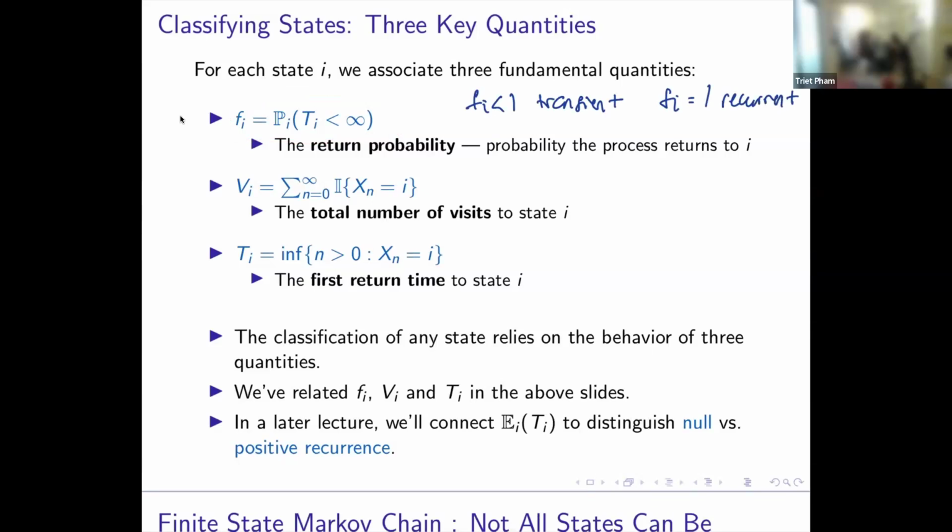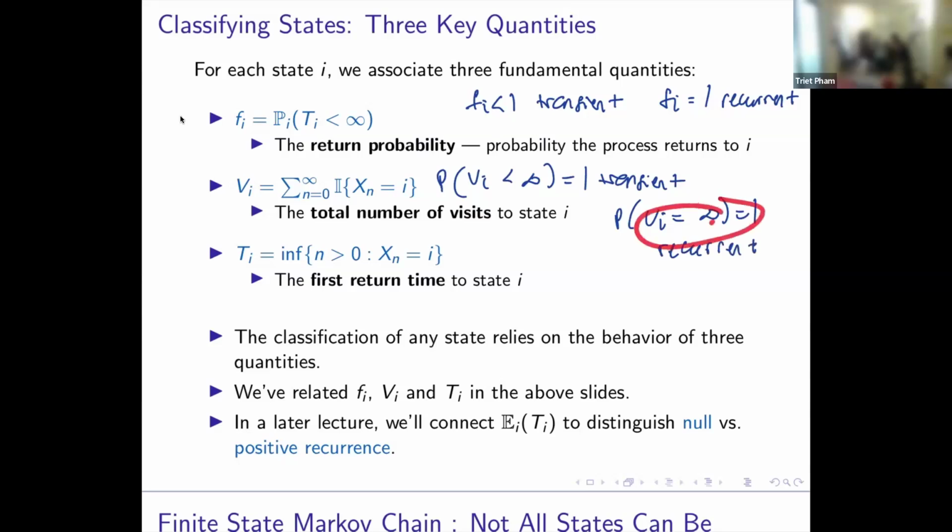Vi will be finite almost surely, or probability Vi is finite is 1 for transient. And probability Vi is infinite is equal to 1 for recurrent. Now of course, this translates to expectation of Vi is infinite as well.